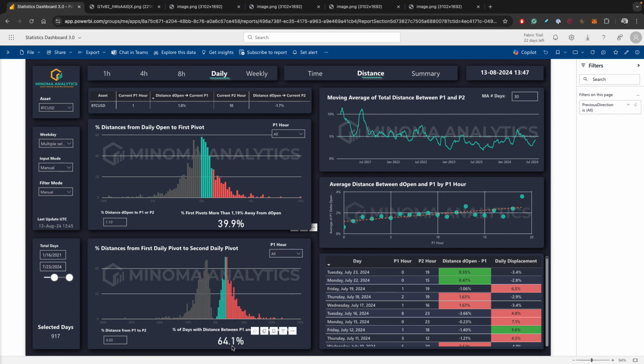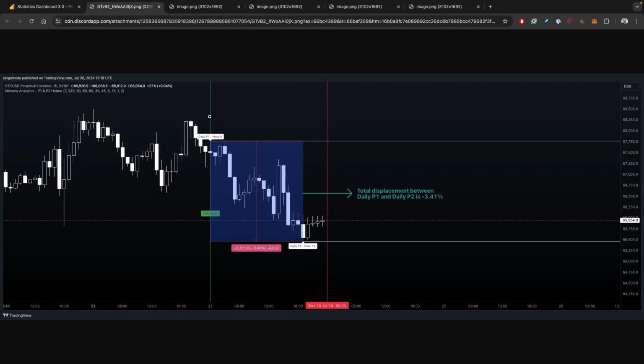So what this 64.1% means is that 64.1% of the days that had P1 as the daily low and P2 as the daily high, so the days that moved up, had more displacement than 4%, and more distance between P1 and P2 than 4%.